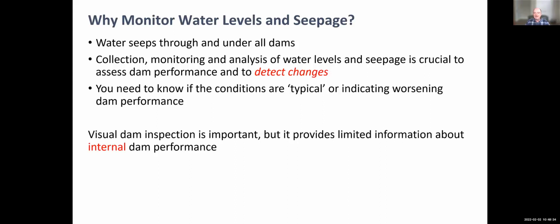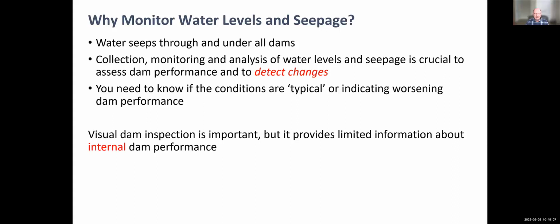Then, because we're monitoring, we should be able to detect changes. When your performance starts to differ from what you would expect, we can detect it because we're actually monitoring for that. We need to know what these typical conditions are, and if we have changes from those conditions, they may be indicating worsening dam performance, and the dam is slowly walking towards a state where it might fail.